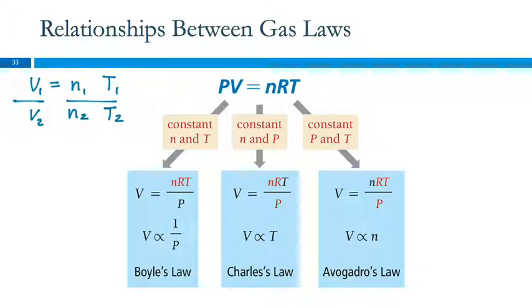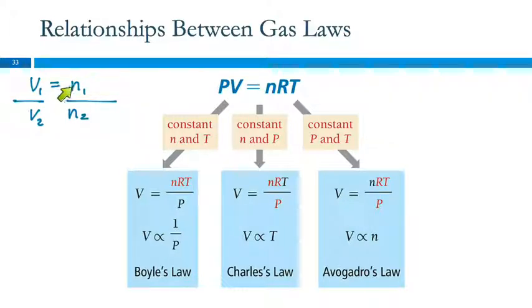Well, if the temperature stays constant, then temperature 1 is equal to temperature 2. And the temperatures cancel out, right? So I can erase those. What I have left is Avogadro's law. It doesn't look exactly the same as the way it was shown.